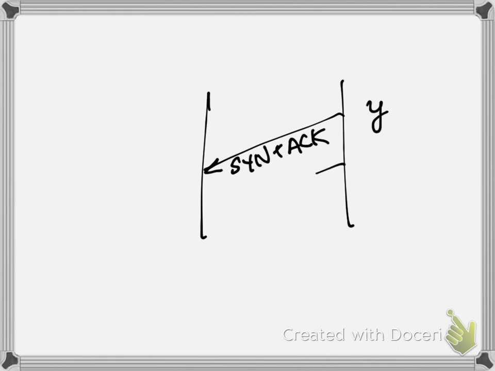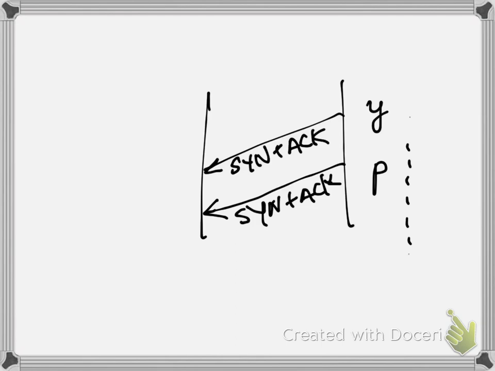It has used Y. For another one, a SYN plus acknowledgement, say it uses P. So it has to remember all of these sequence numbers. You can think of this kind of attack as what is known as a SYN flood.